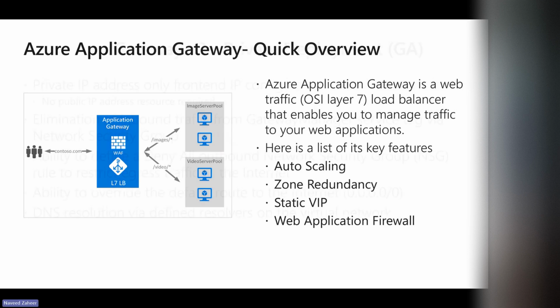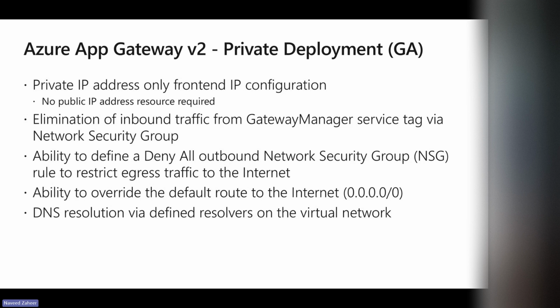Okay, with that, let's quickly move on. What is with the private deployment? One of the key asks from customers, especially large enterprises which are heavily regulated and have very strict security requirements, is that they do not want any of the management traffic flowing on their own network.